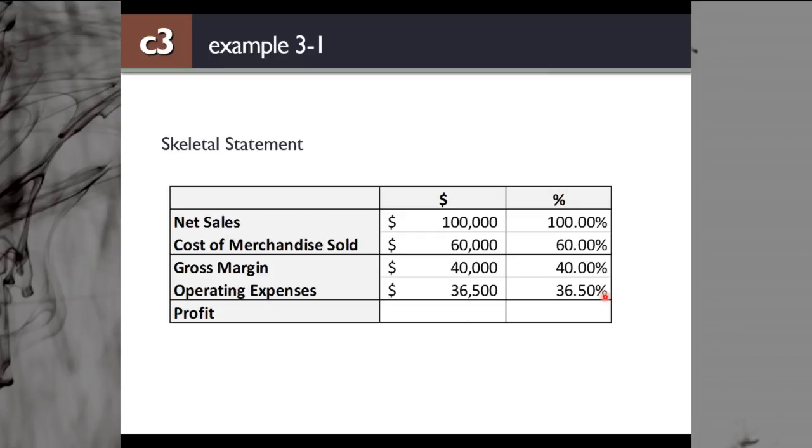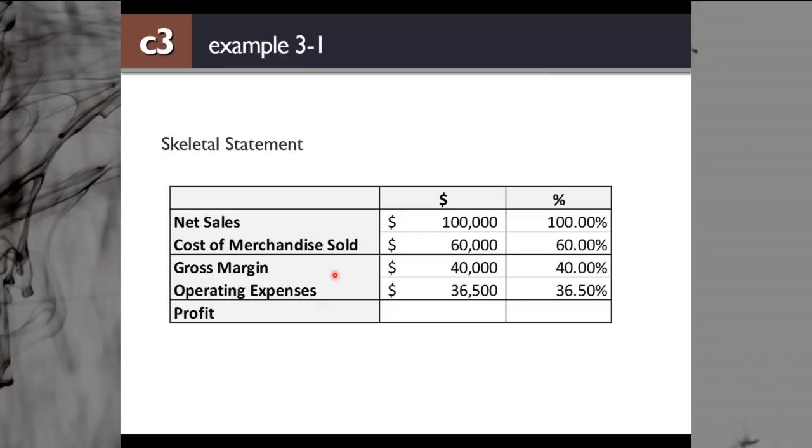Sales or gross margin, expenses, cost of merchandise sold, you can make a different plan to make more profit the next year. But another important part, you also have to be able to calculate the profit. So your profit can be calculated based on the gross margin and operating expenses. So your profit is the difference between these two.